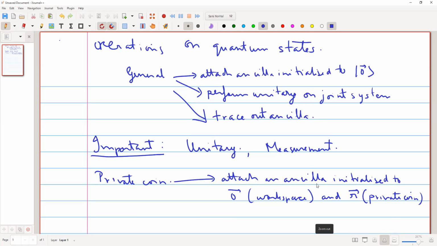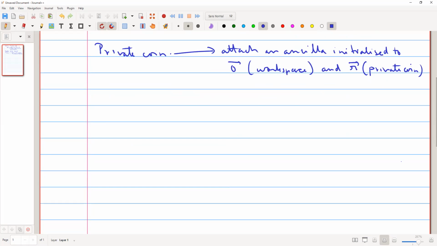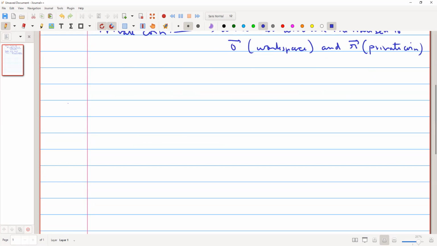And this is because of the following thing. Quantum can simulate it, for the following reason.